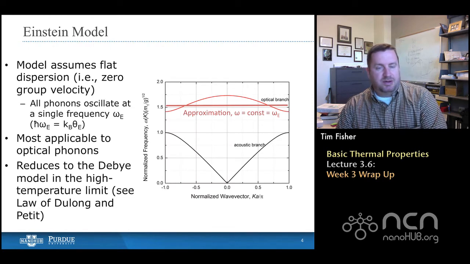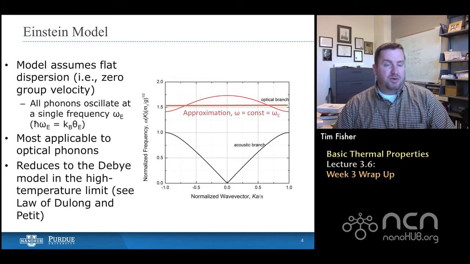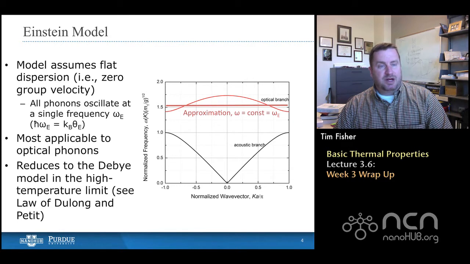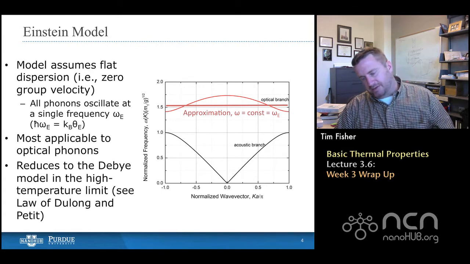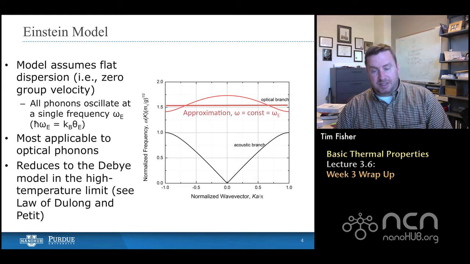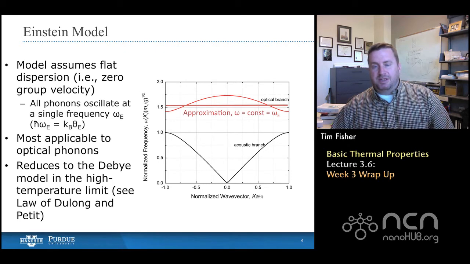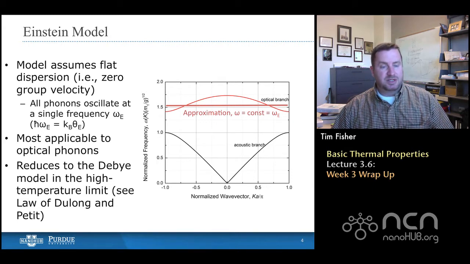Now, as I said before, the Debye model can be used for the optical branches as well, but a typically better approximation is the Einstein model. There we take these top curves that have finite frequencies even at k equals 0, the infinite wavelength condition. We say that a decent approximation is that the red curve is flat, and we pick a representative frequency, which we call the Einstein frequency.